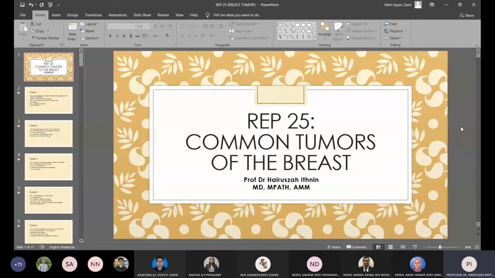So you should know what lines your skin, your reproductive tract, and your respiratory tract. And in general pathology, we have also been taught what happens to this normal lining when disease takes place: the inflammation, the neoplasms, the different types of neoplasms. Because now that you are in the system, you are applying that knowledge into the system, kan?